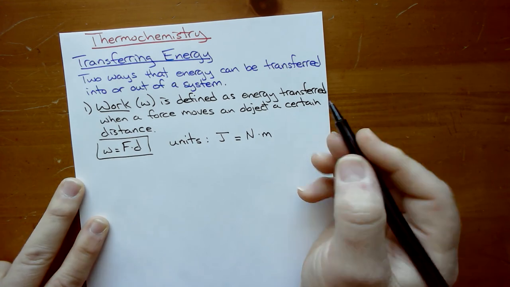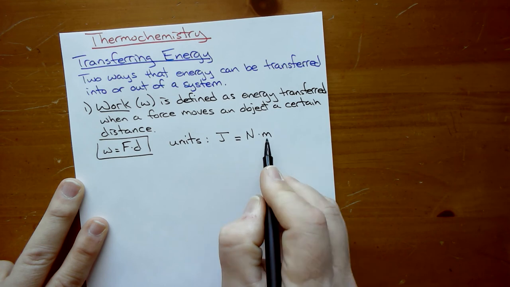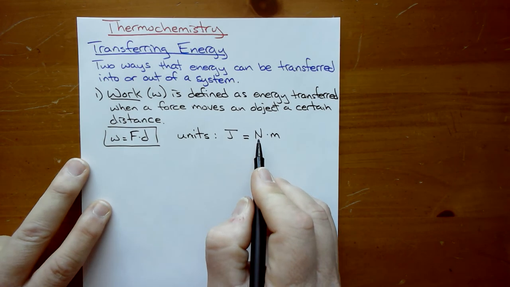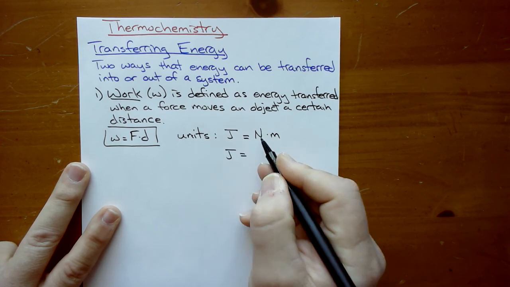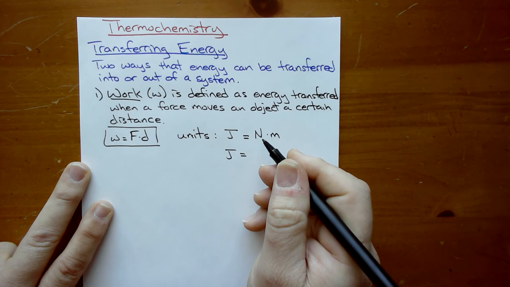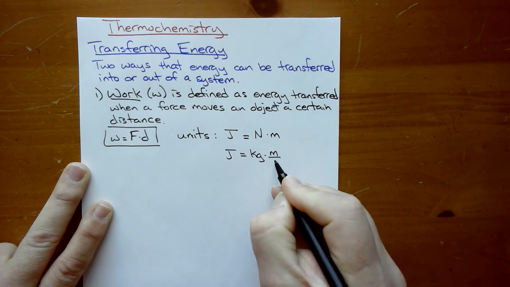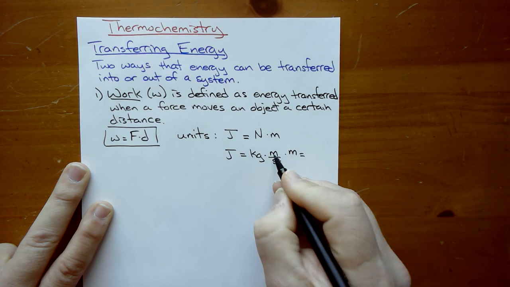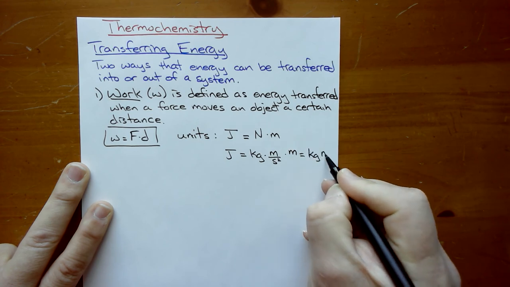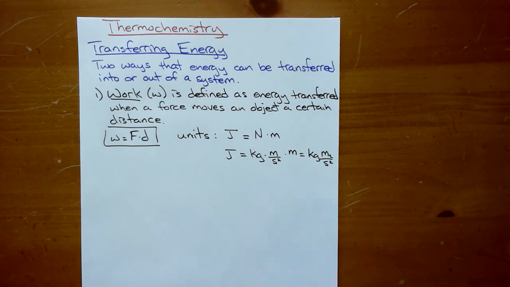So a joule is equal to a Newton times a meter, but the Newton is also a derived unit, so we have to break that down. Force is mass times acceleration. So mass is kilograms, acceleration is meters per second squared, and then times a meter. So this is also meter times meter. This is also a kilogram meter squared per second squared, which is the same unit that we saw when we did potential and kinetic energy.